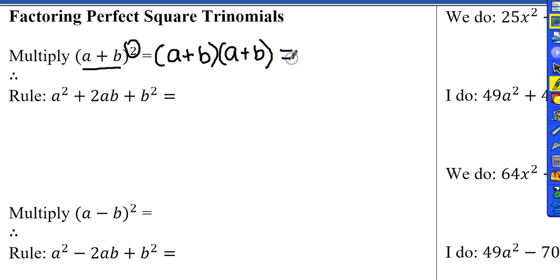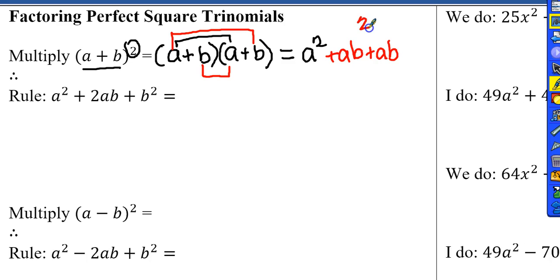Okay, so we would just use our distributive skills to multiply. A times a is a squared, right? And then a times b is ab. And then b times a is also ab.